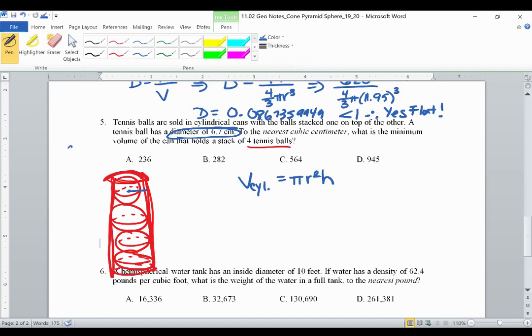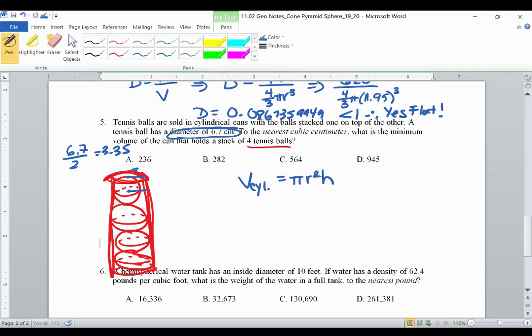So 6.7 divided by 2 would give us 3.35. So I know the radius of the tennis ball is 3.35, and we're assuming that the container is pretty close, right up against those tennis balls. So that's going to have the same diameter as the tennis ball.